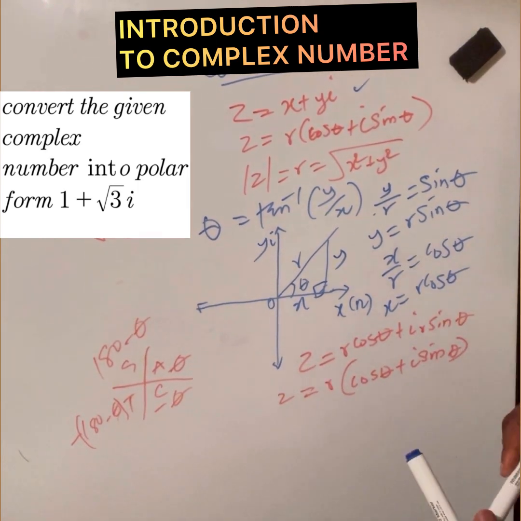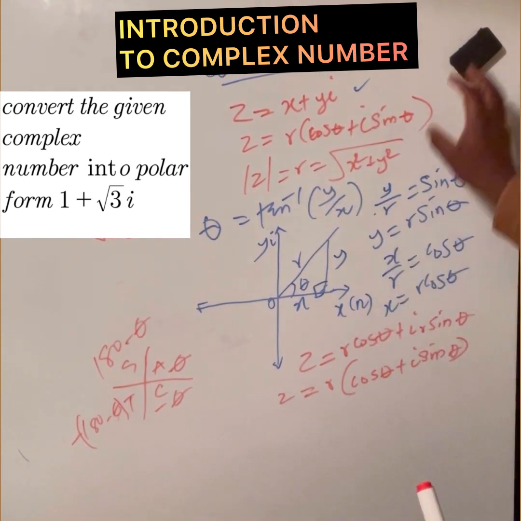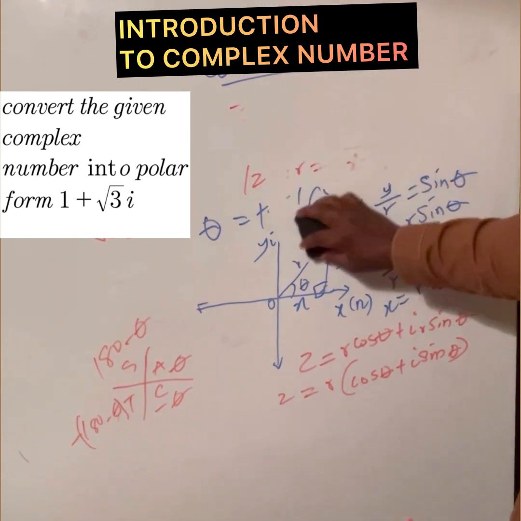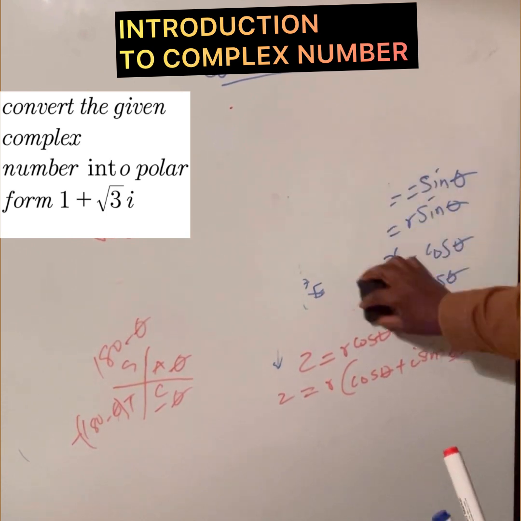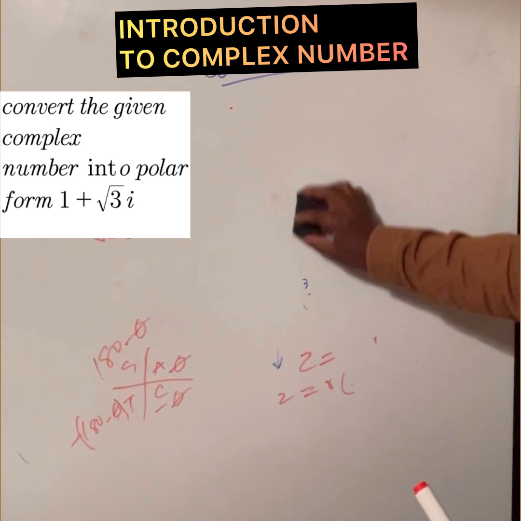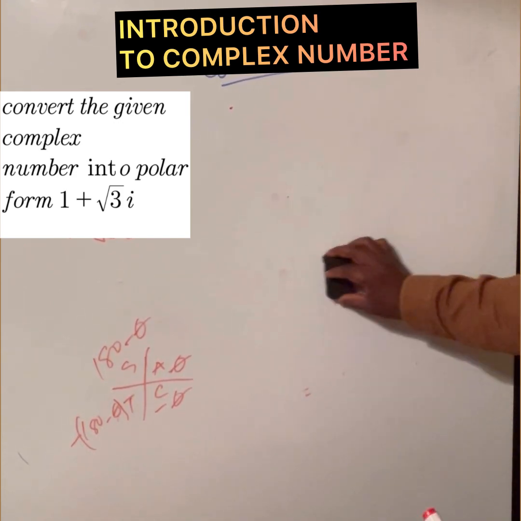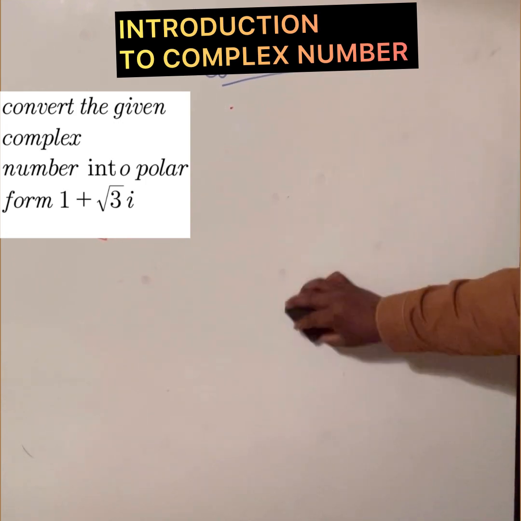So for me to solve this example here, I will apply this. Now the question says: convert the given complex number to polar form.